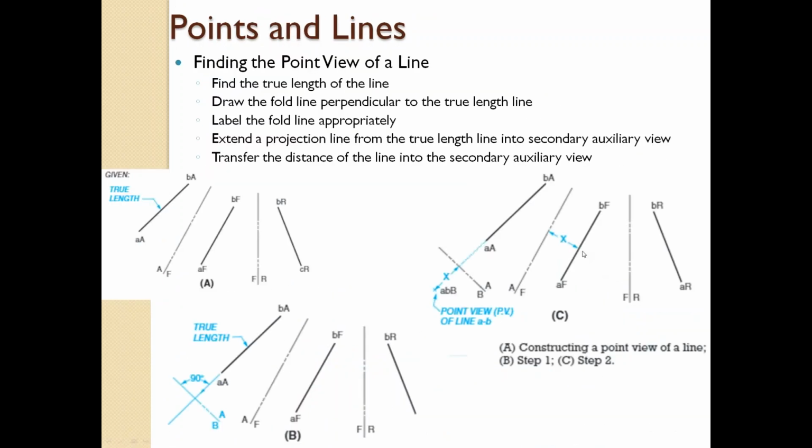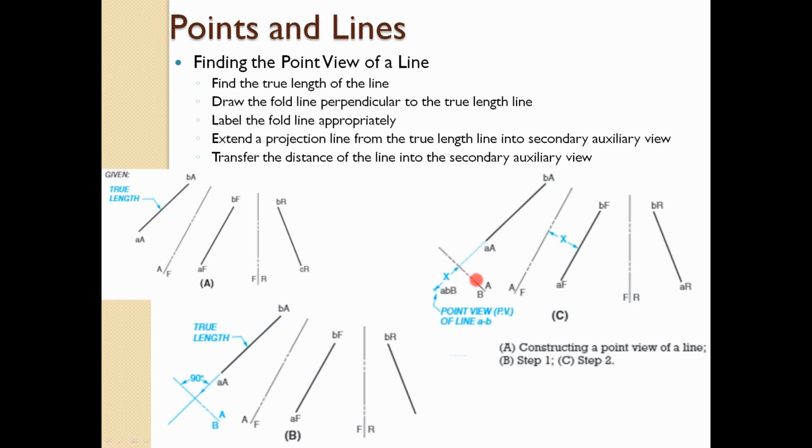And now let's find the point view of a line. The point view of the line uses the same process. First thing you want to do is find the true length of the line. What is the true length of the line? The true length is always on the auxiliary view, so this would be a true length. Now draw the fold line perpendicular to the true length line.